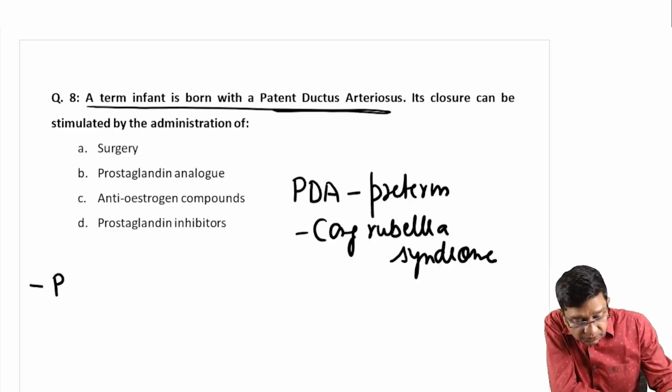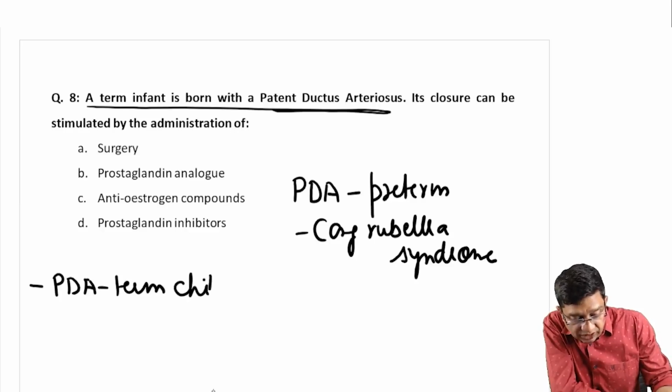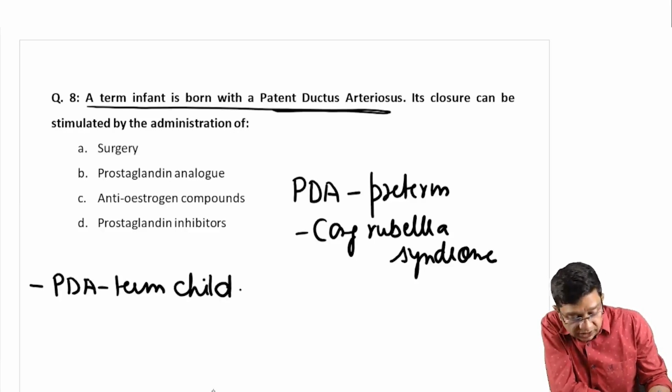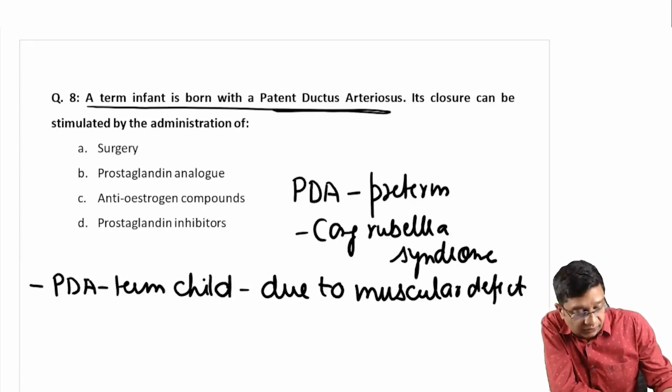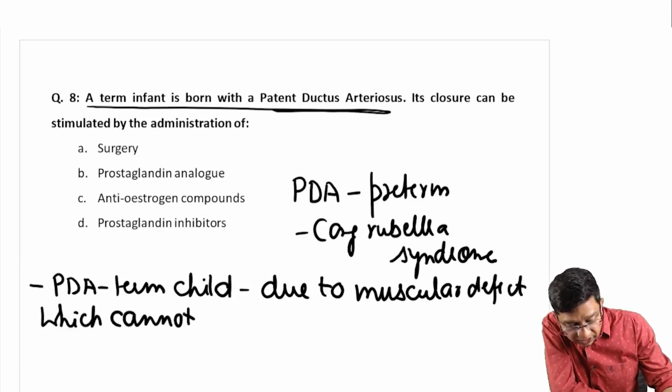If there is a patent ductus arteriosus in a term child, it is due to muscular defect, which cannot be closed by drugs.